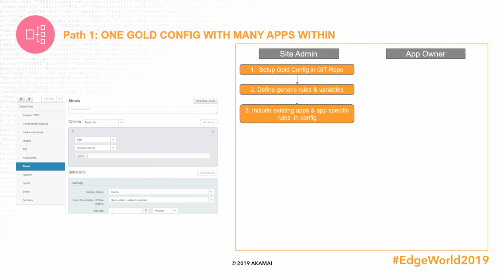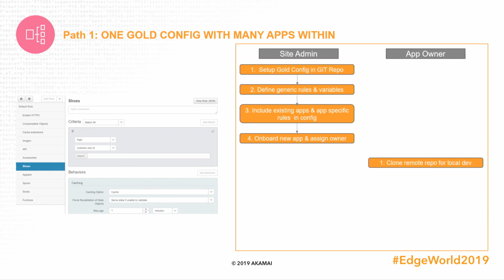We've seen a lot of our users have a section right below that says app-specific rules. Below that, every time a new app is spun up, you just give them a blank config, and they can start working on it. Anytime a new app is onboarded, you can assign that app ownership in your local repository, and then they can go independently.